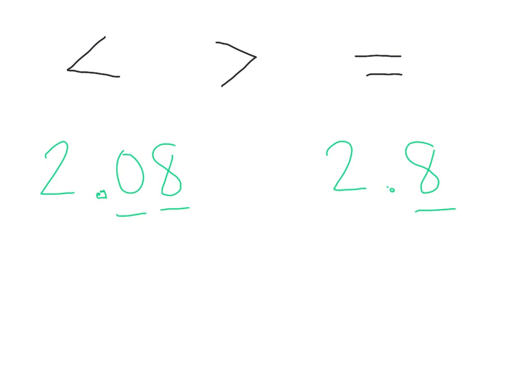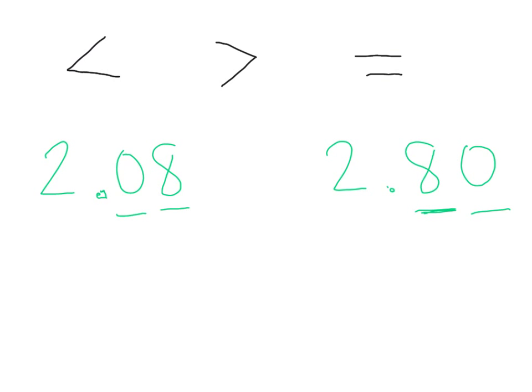So this one has 2 places after the decimal, and this one only has 1. So I'm going to fill it with a 0 to make sure that they both have 2 spots after the decimal. So this is 2.08 versus 2.80.